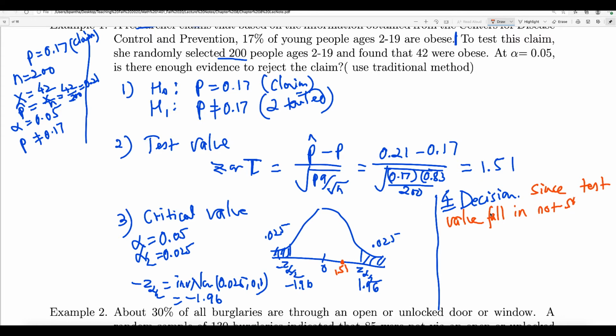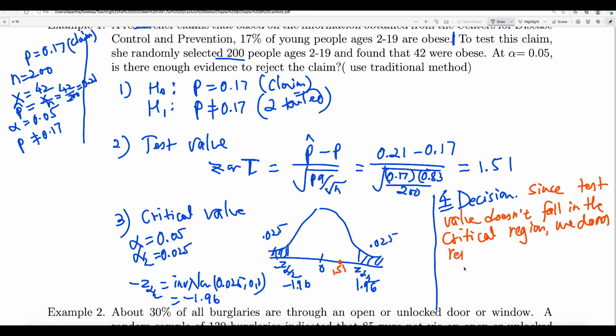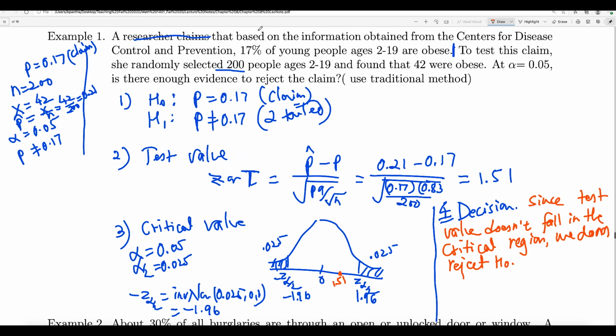Since the test value does not fall in the critical region, we do not reject H0. Not rejecting means we basically support H0. That is the indirect way of saying that.